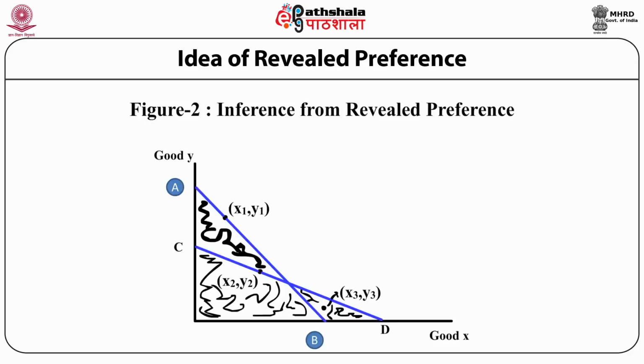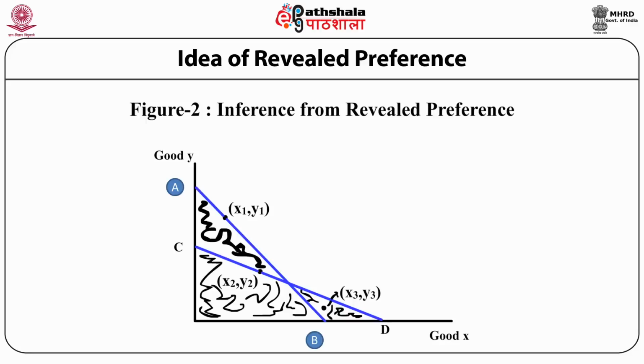Now there is a change in prices and the budget line shifts from CD to AB. There is an increase in the price of X, and that is why at that budget the consumer would be able to buy less of good X and more of good Y. That is why the budget line is shifting from CD to AB.